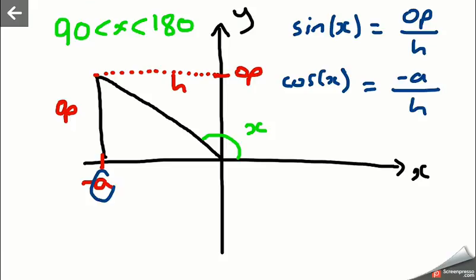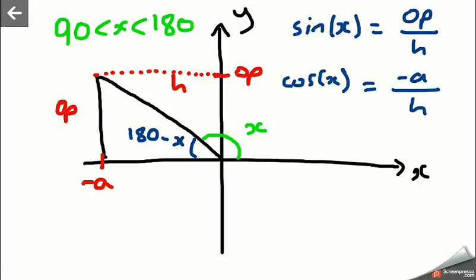Now remember, A itself is this length here, so length is always positive. A is that length, but because we're now graphing the triangle, it's negative. So cosine of x for x between 90 and 180 is equal to negative A divided by h, where this can be any triangle, although the angle of our triangle in question now must be 180 degrees minus x, because x plus 180 minus x better equal 180, because this is a straight line, and angles in a straight line add to 180 degrees.